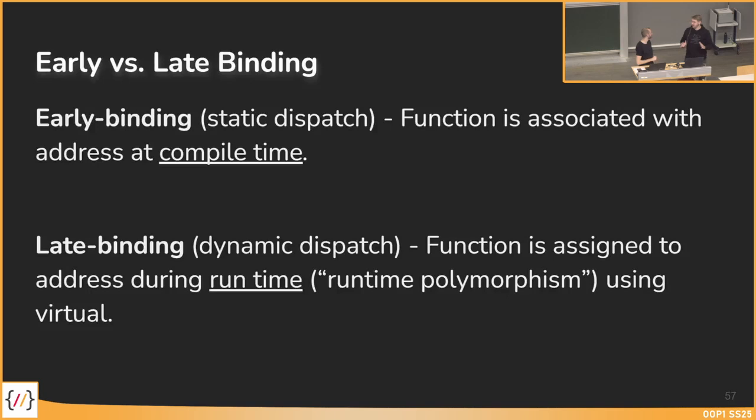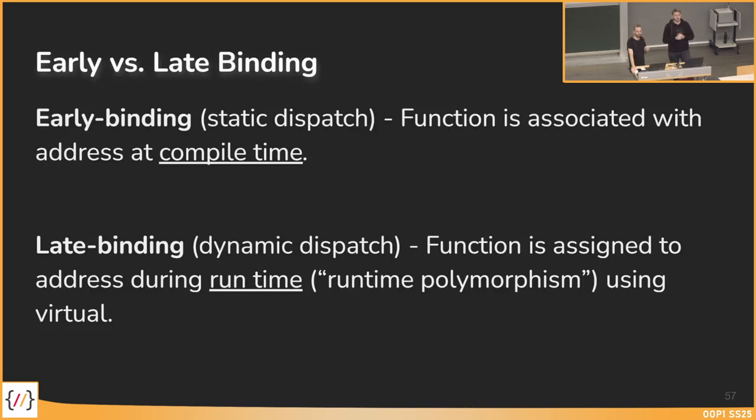Okay. Behind this lies the concept of early versus late binding. We distinguish between early binding, which means that we associate a function with an address at compile time. So whenever we compile a program, we already know, okay, this function is going to be called. In contrast to early binding, we have late binding.